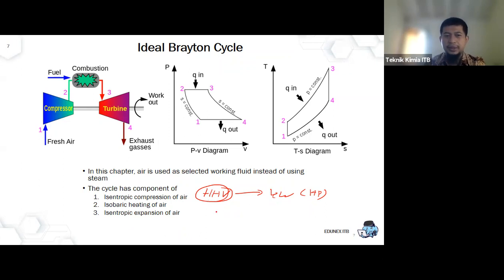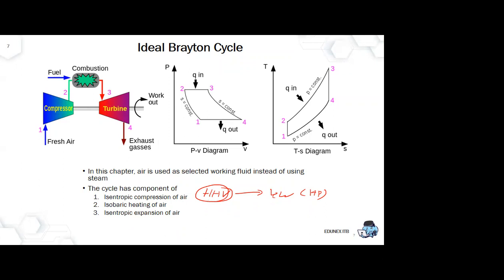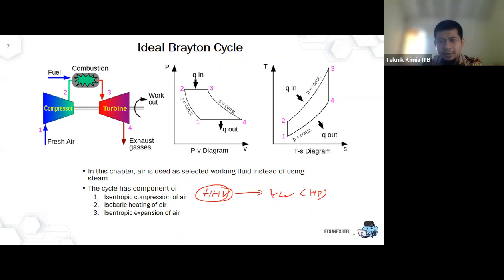I believe you have studied this in your thermodynamic class, haven't you? About the breakdown. Yes, sir. So prior to this class, do you have any different understanding from me?